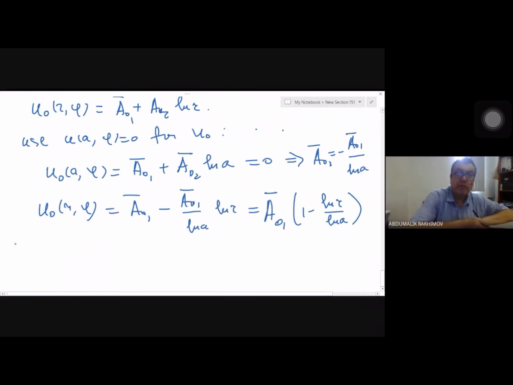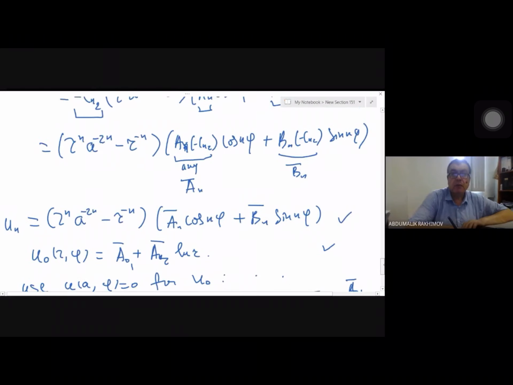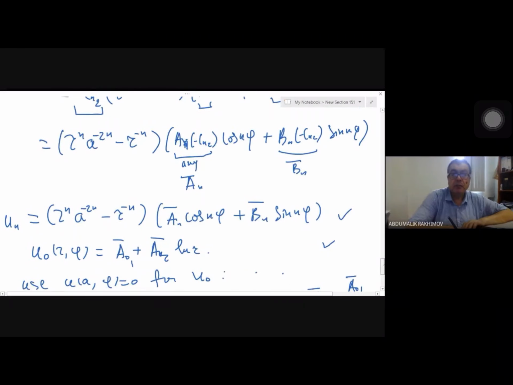So let me bring un here now. un has this shape.